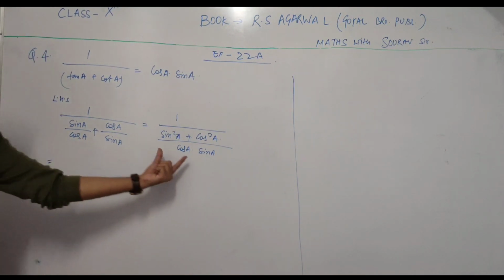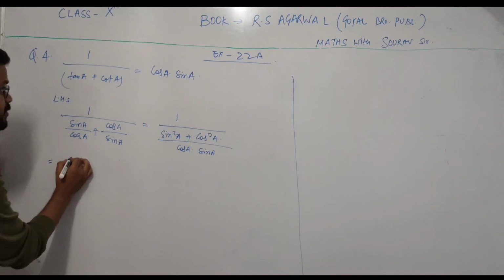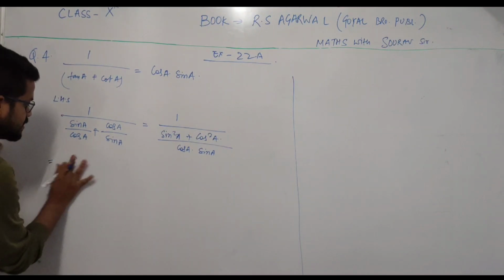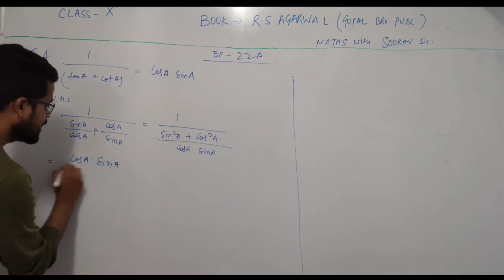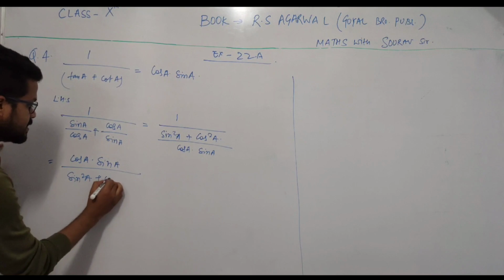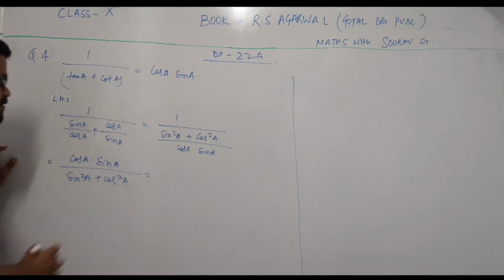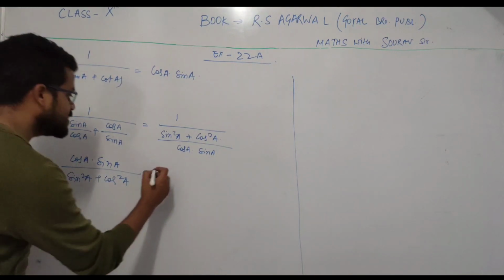So if I take this in the numerator, this is cos A into sin A, and in the denominator this is sin square A plus cos square A, and we know that sin square A plus cos square A is 1 according to the square relation.